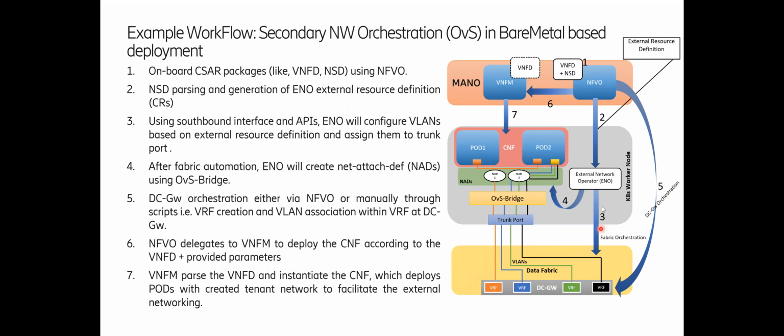And once that is done, it can then create the net attachment definitions, followed by NFVO or some other orchestration software kicking in the gateway orchestration, which is the binding of the created VLANs with the VRF inside the gateway.